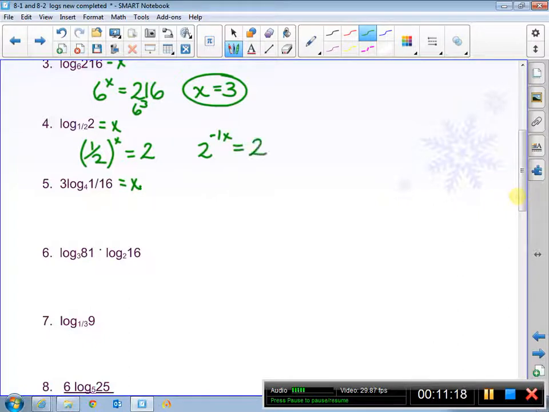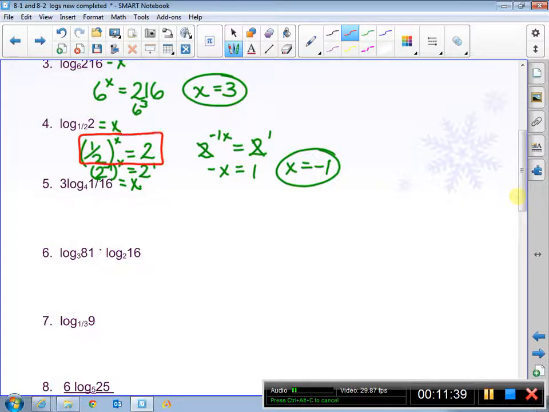And so that equals 2 to the 1. So I did 2 to the -1 to the x equals 2 to the 1. And so then I can drop my bases and say -x is 1, so x is -1. Or you might just know from here that if I put -1 as the exponent, I get 2.